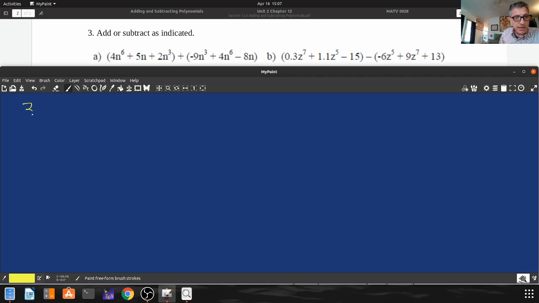So this is 3A. I have 4n to the 6th plus 5n plus 2n cubed. Notice this polynomial is not written in the order of descending powers. That's okay, it's not required.